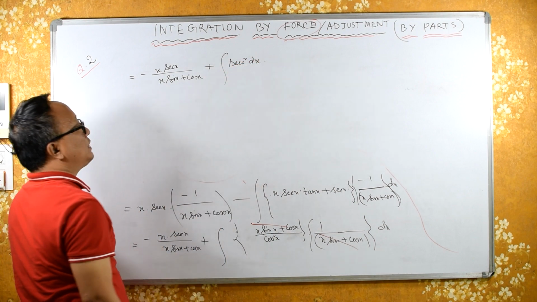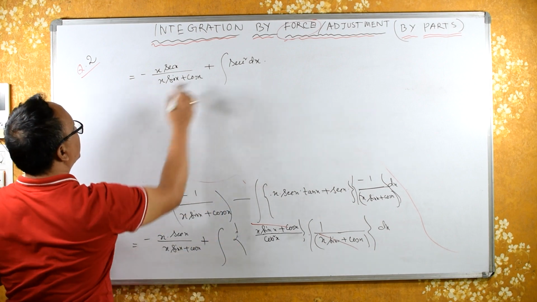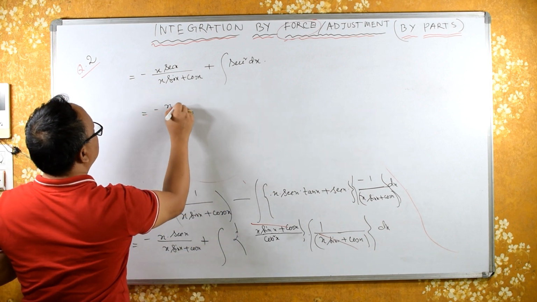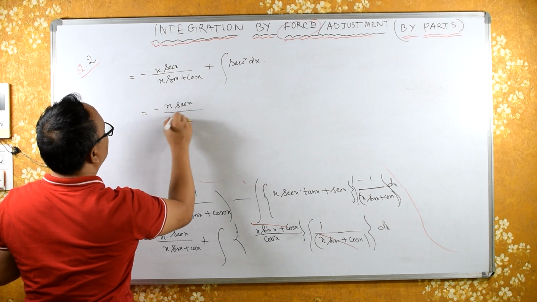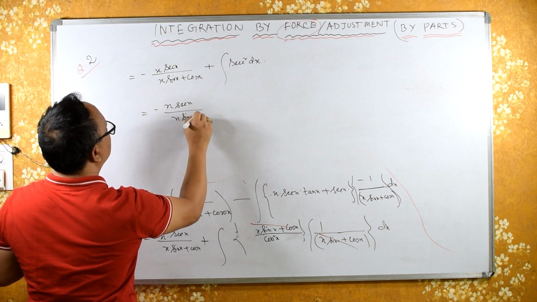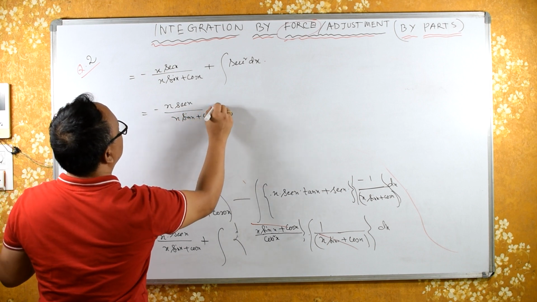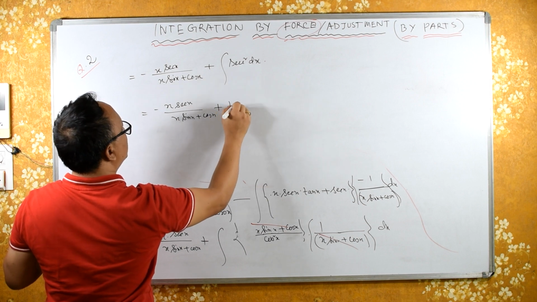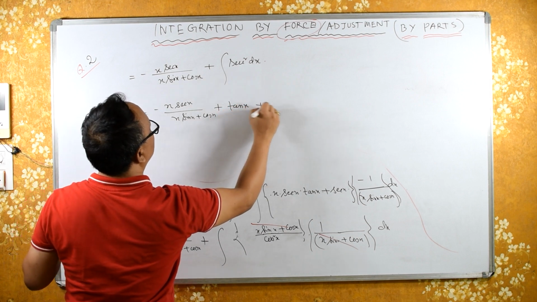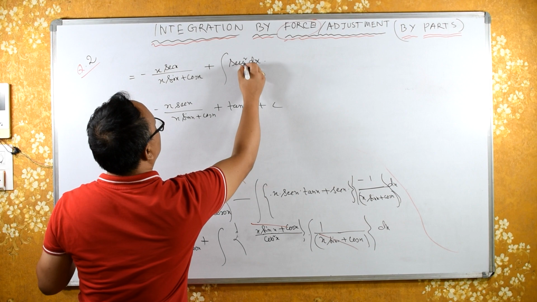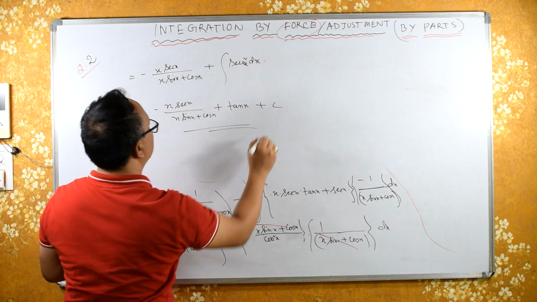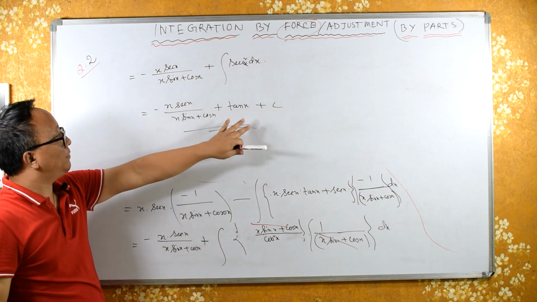Now differentiation of tan is sec square, therefore this integration is minus x sec x upon x sin x plus cos x, and integration of this is tan x, plus c. Okay, this is the required answer, or you can take LCM or you can keep it like this.